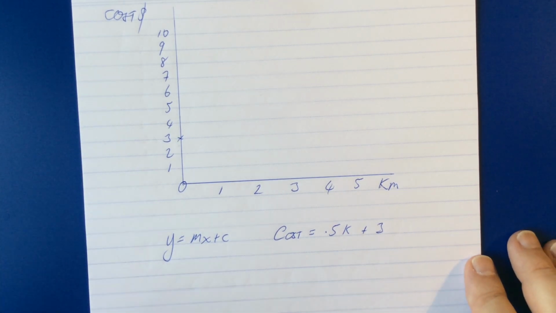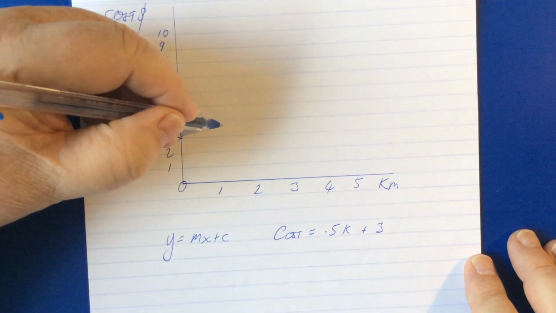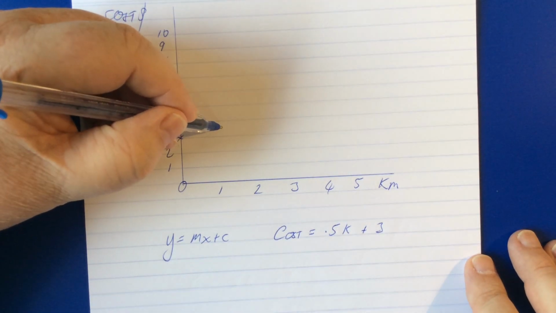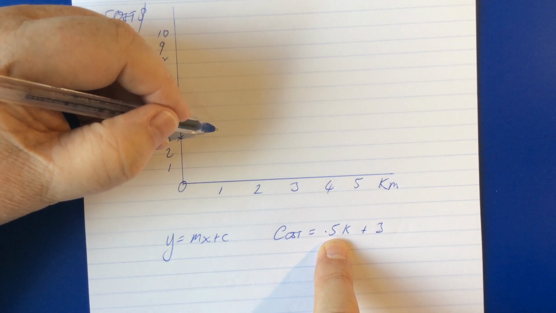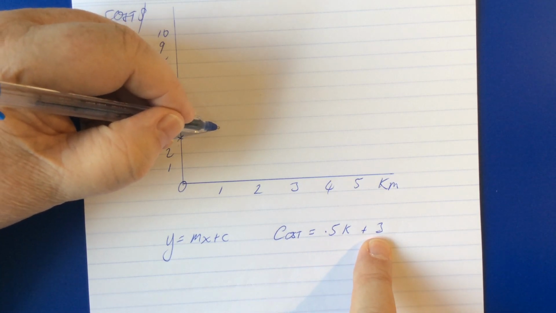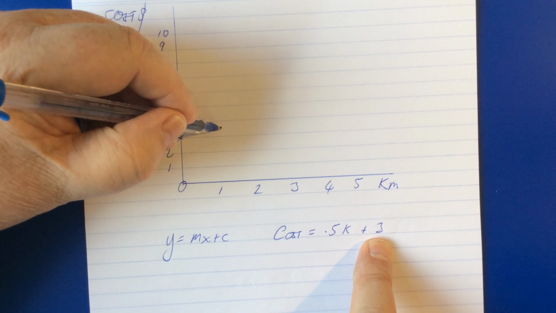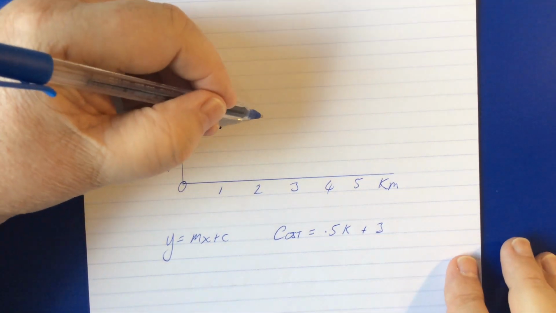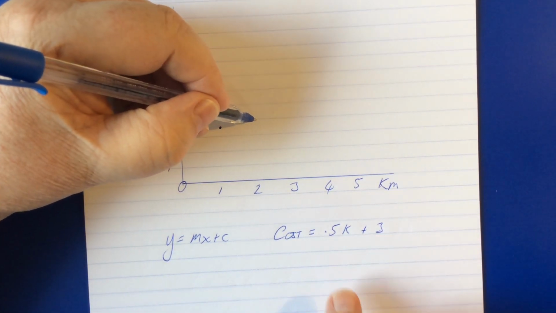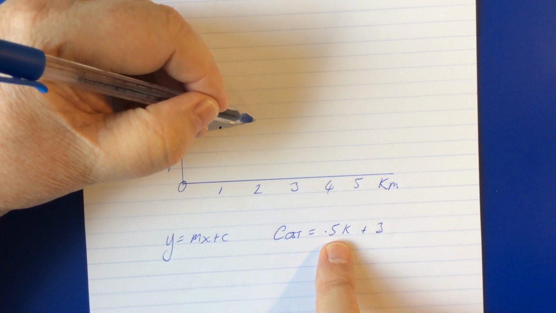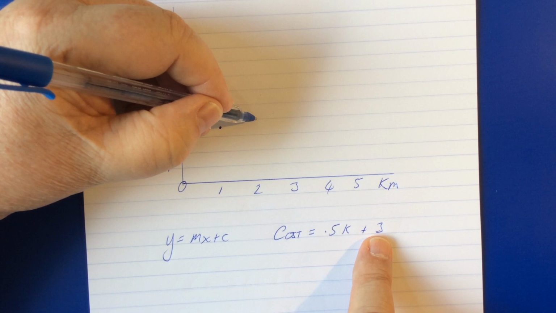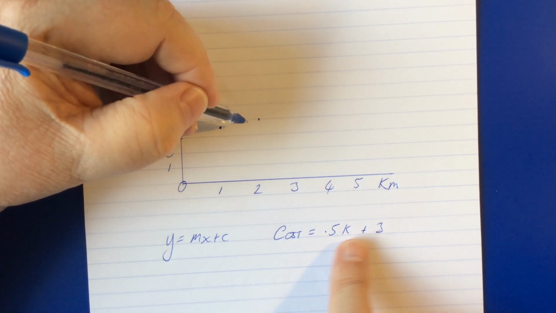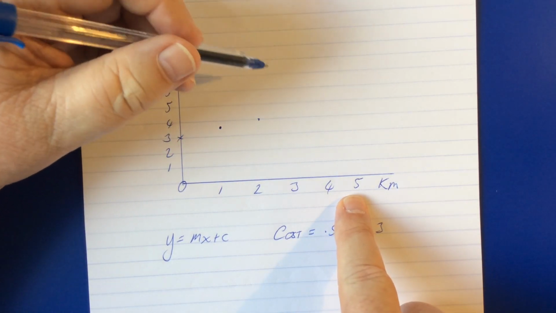So let's have a look at what the graph looks like. So if we do 1 kilometre in this taxi cab, what we're going to do is 1 times 0.5, which is 0.5, plus 3, which gives us 3.5. So it's $3.50. If we do 4 kilometres, we're going to do 2 lots of this, which is $1, and $3, which gives us $4. All the way out to, shall we say, 5.